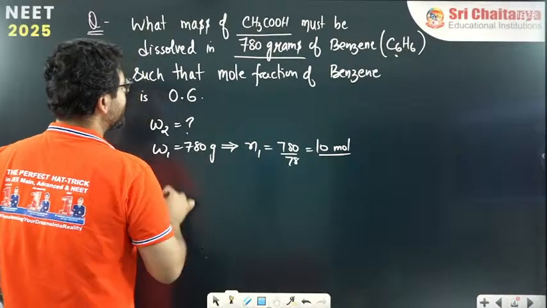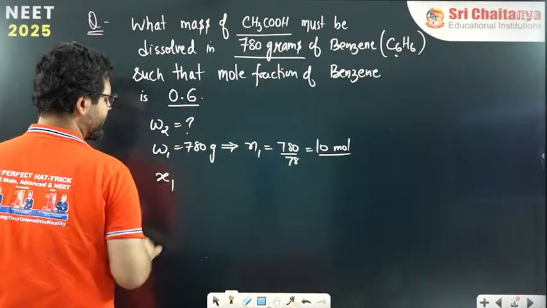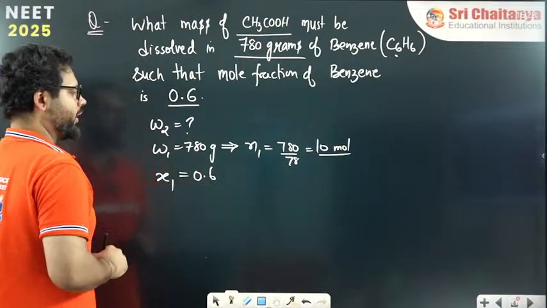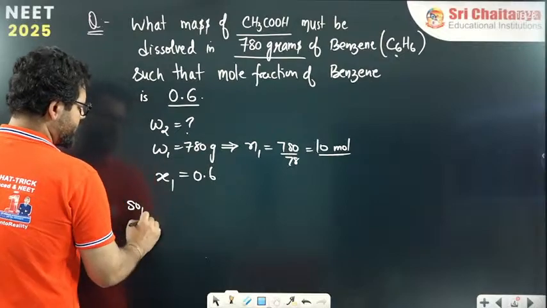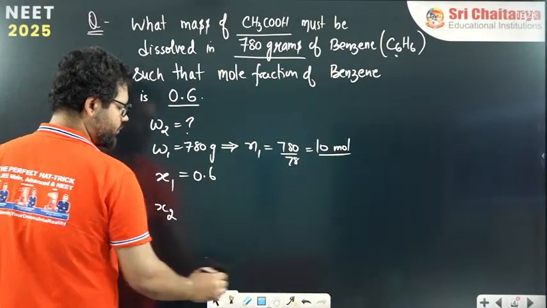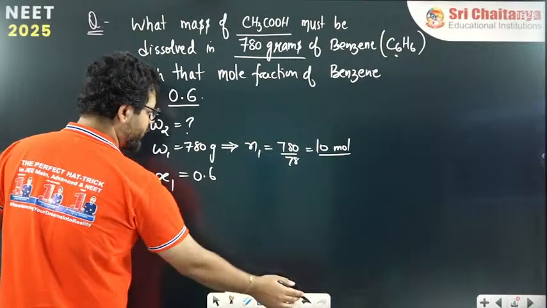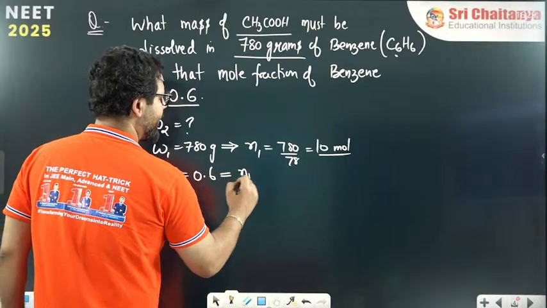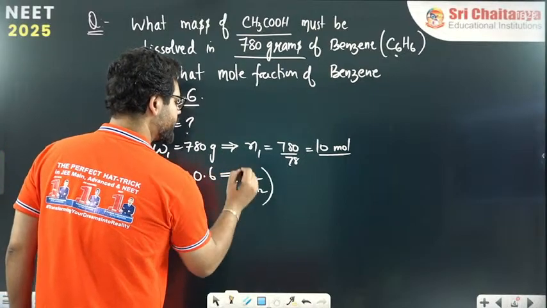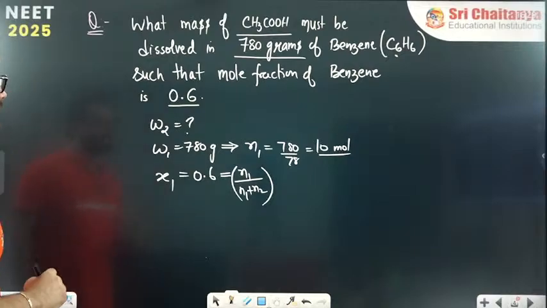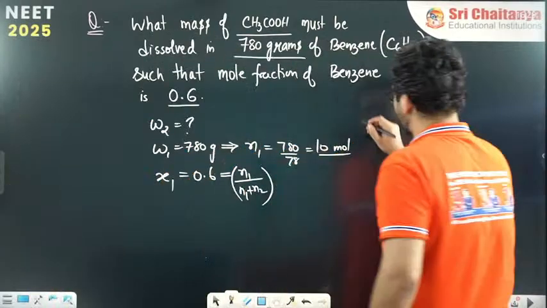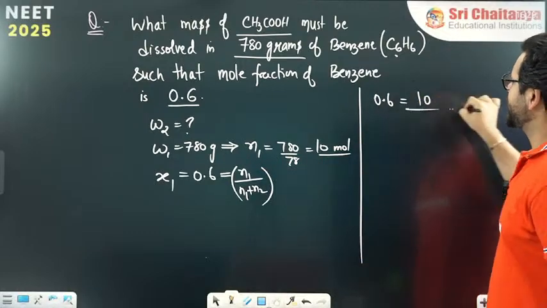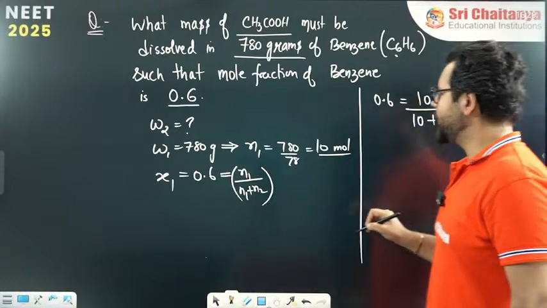What else is given? Mole fraction of benzene is given. That means X1, the mole fraction of the solvent, is 0.6. I can directly use it from the solvent only. So solvent mole fraction can be written as N1 by N1 plus N2. Mole fraction of benzene, which is 0.6, is moles of benzene, which is 10, by moles of benzene, 10, plus moles of acetic acid.